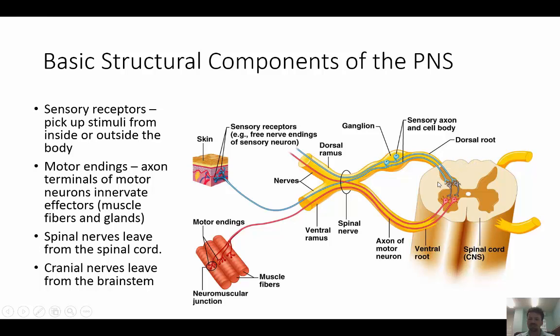It can be processed in the spinal cord itself, or it can be fed upwards towards the brain. And then commands are sent back out through that spinal nerve via the motor division, which now goes to the muscles or the glands. And this is a very regular arrangement that repeats itself at every single spinal segment, which is associated with a particular vertebra in your vertebral column.